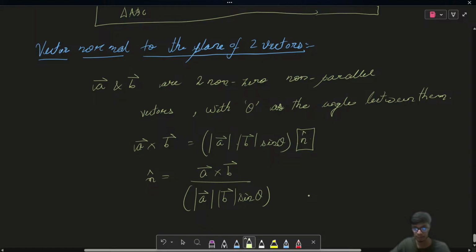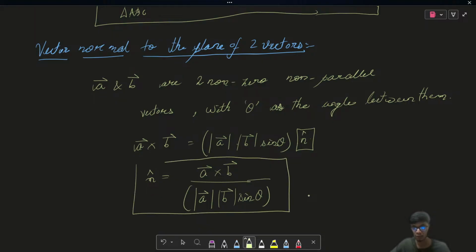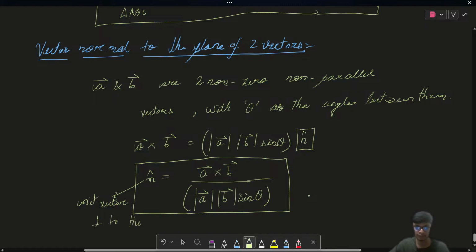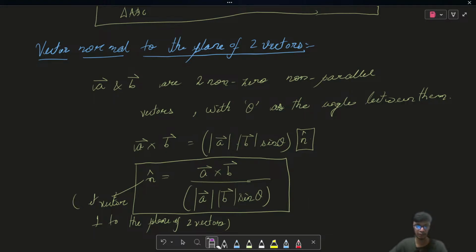If I divide by this parameter, I get the unit vector which is normal, perpendicular to the plane of the two vectors. All right, so I got the unit vector which is perpendicular to the plane of the two vectors.